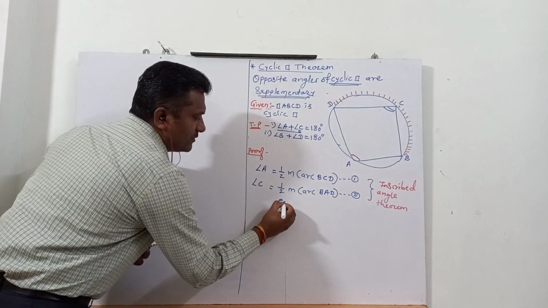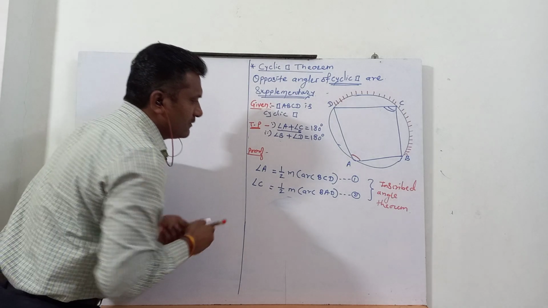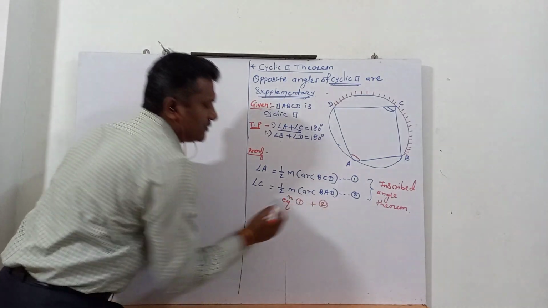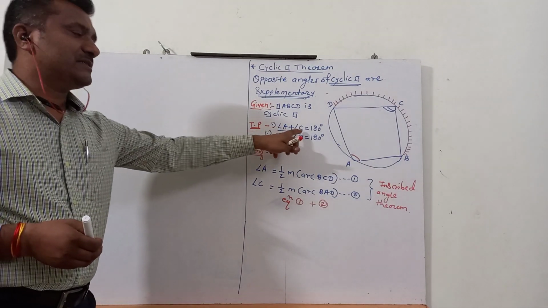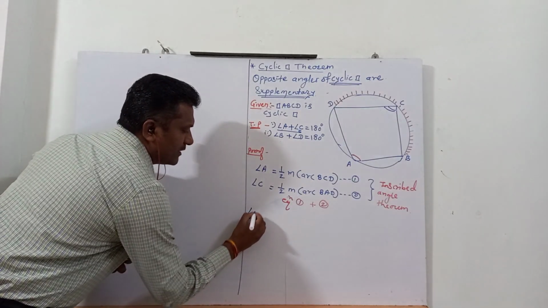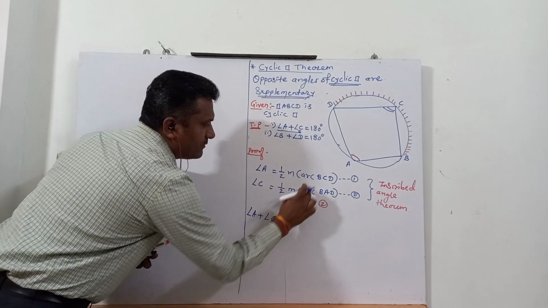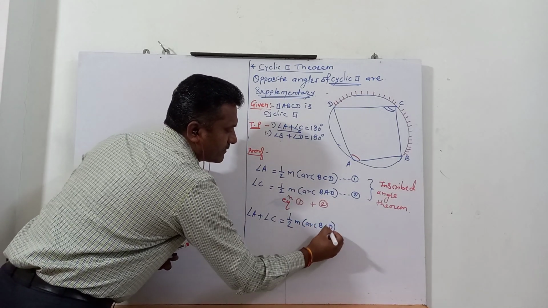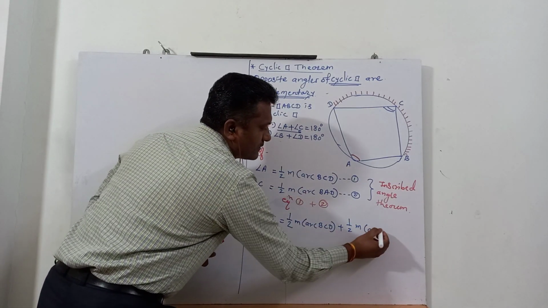Absolutely. So here I am writing equation 1 plus 2. You got it? Why do we want to add them? Because you need A plus C. That's why we want to add these two equations. So angle A plus angle C is equal to half the measure of arc BCD plus half the measure of arc BAD.